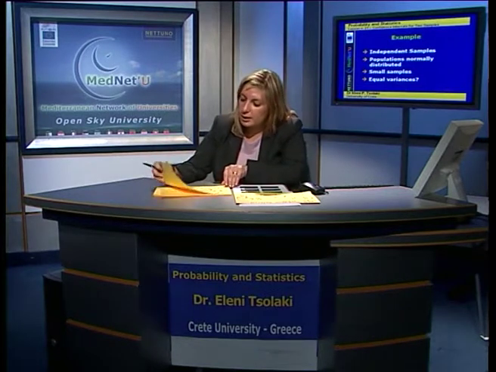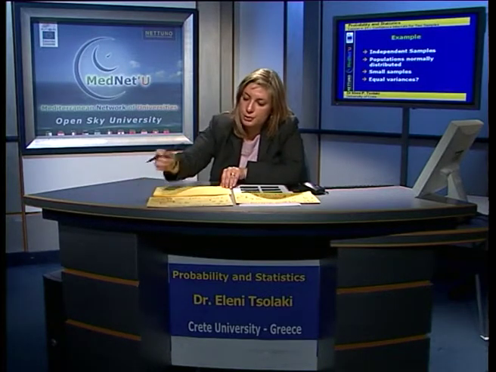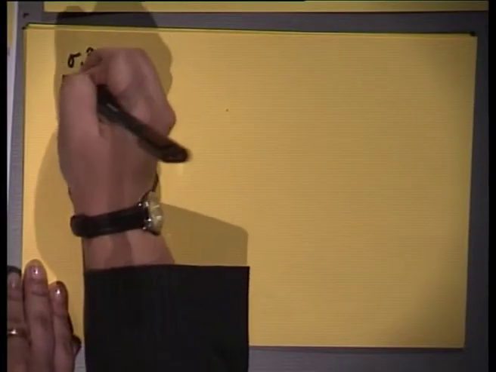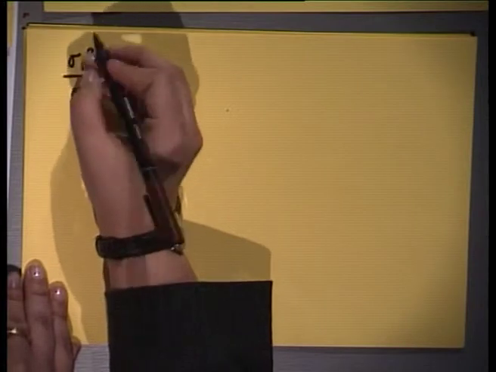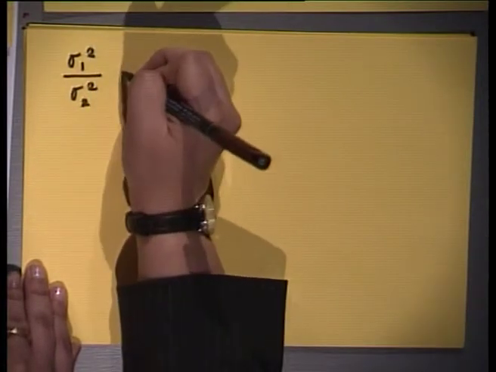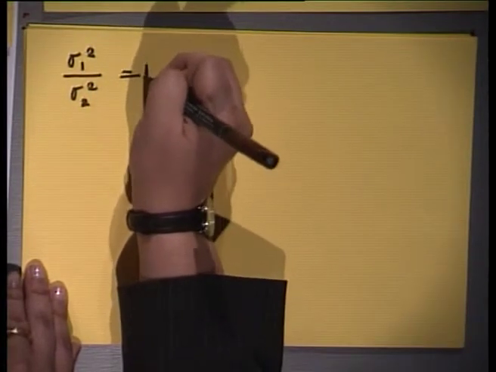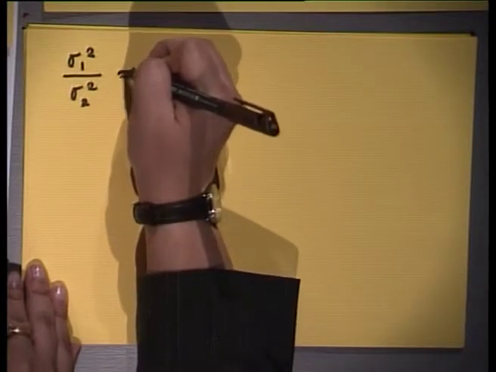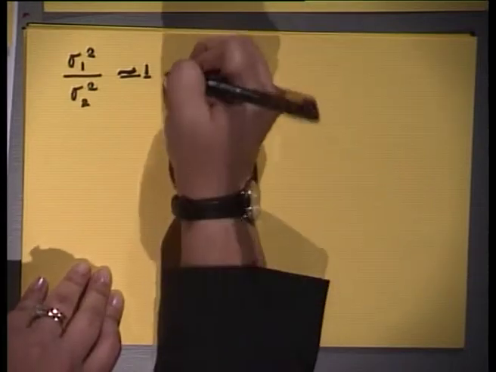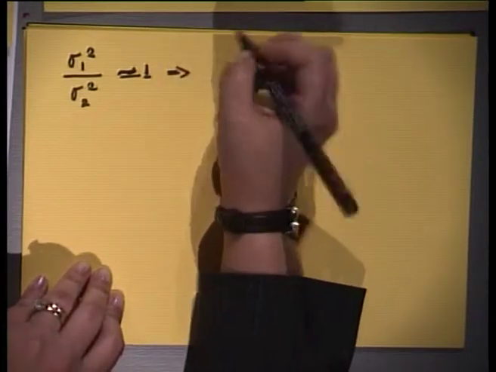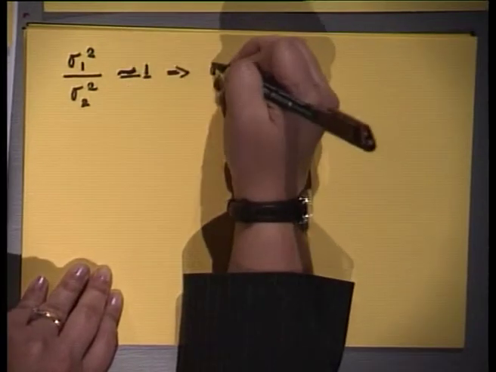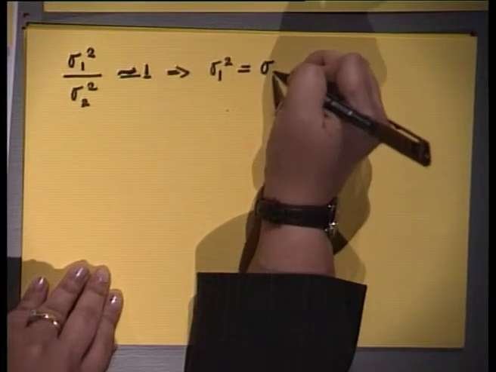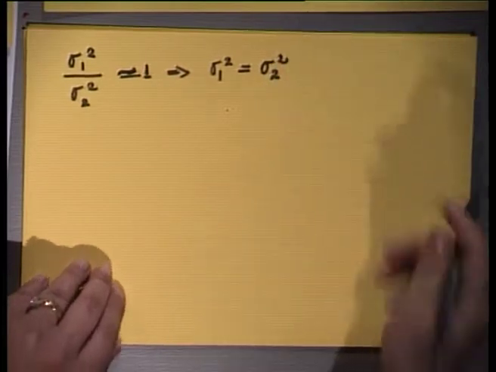So, if the two variances are equal, then sigma 1 squared over sigma 2 squared should be 1, or at least close to 1. So we would expect that if this happens, then we could conclude that sigma 1 squared is equal to sigma 2 squared.